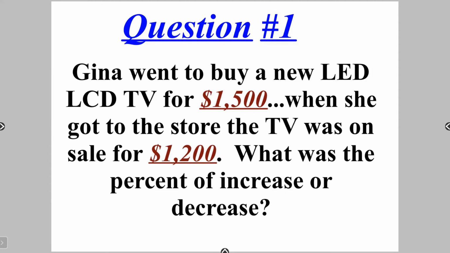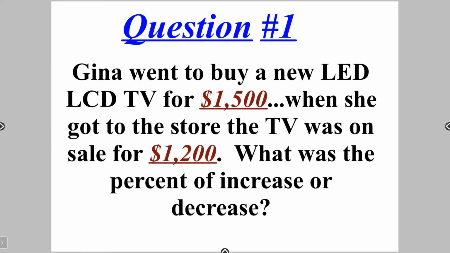So now I know the TV was going to cost me $1,500, but yet when they rang it up at the checkout, it was only $1,200. So this is an example from what we just did a second ago of how we can determine what that percent off would actually be.